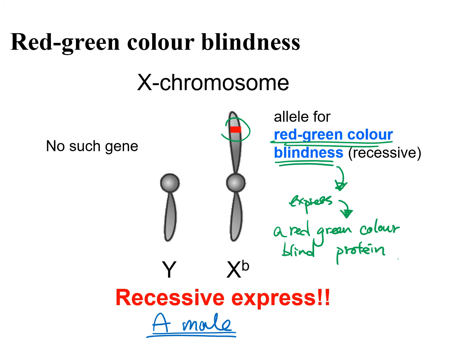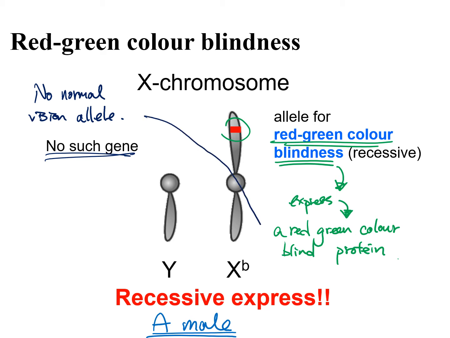Therefore, on the Y chromosome, do you see any normal vision allele? No. No such gene or normal vision allele. And since on the Y chromosome there is no normal vision allele, it cannot mask the expression of the red-green colorblind protein.